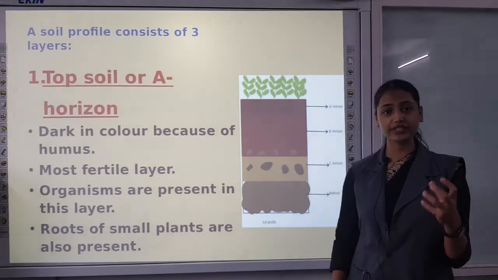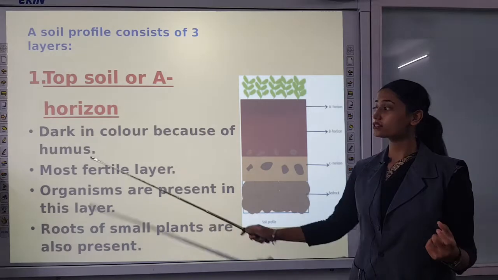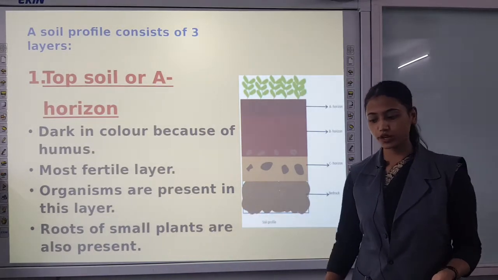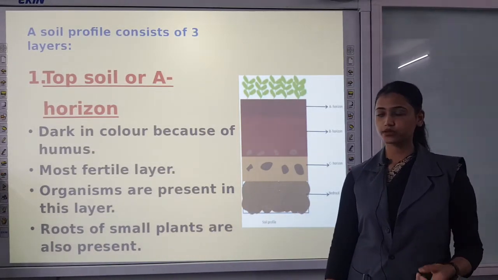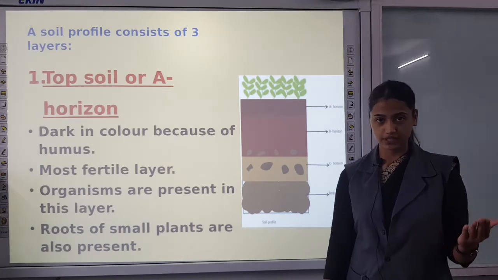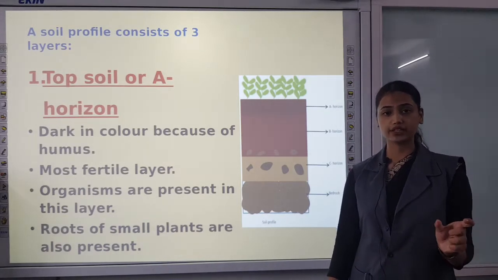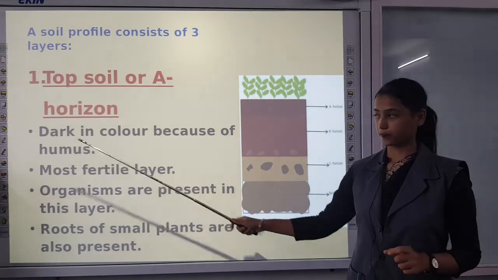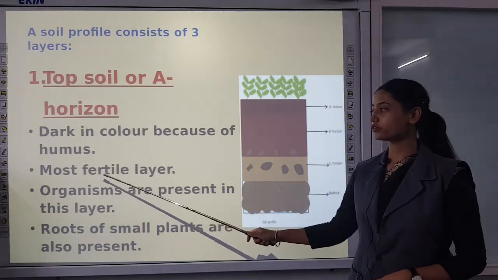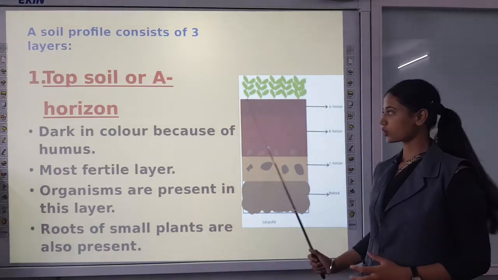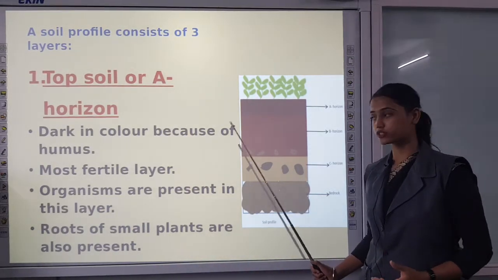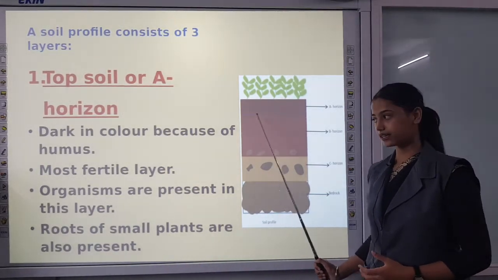You have seen it is very dark brown in color. Why? Because humus is present in that soil. Now what is humus? You know that when plants and leaves die, they decompose and that matter is known as humus. It is the most fertile layer. Obviously in topsoil humus is present, so it will be the most fertile layer.